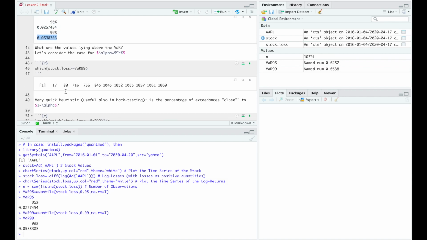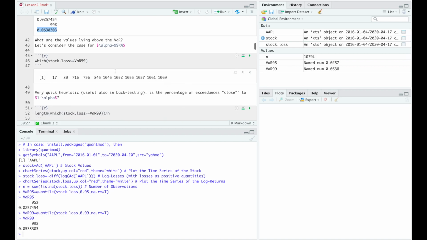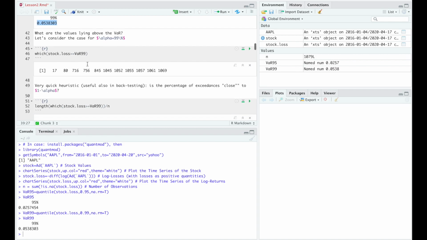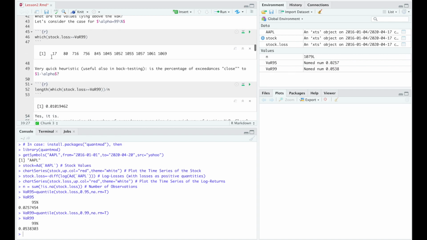to quickly check how many observations actually lie above a given value at risk threshold. So, for example, if we consider all the values that lie above the 99% value at risk, we would expect only 1% of the observations to be above. And if we do that empirically, what can we do?